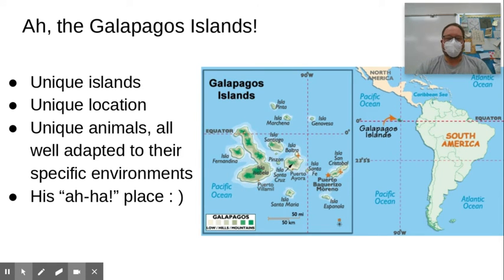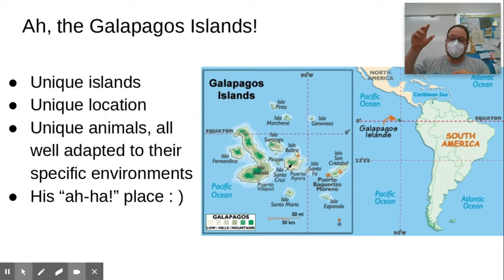And it's sort of wild because it's separated from the mainland. It's sort of close, but it's not like it's out in the middle of the ocean. So there's some connection to the mainland. It's relatively young. And within this cluster of islands, the islands themselves have vastly different environments.